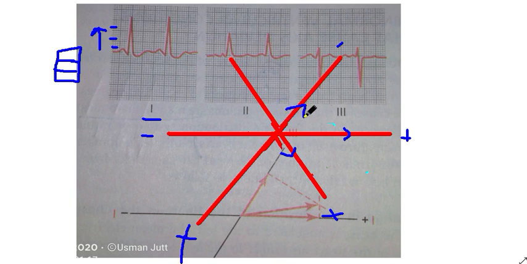Now we are going to draw the projections of these. We will draw the verticals on these arrowheads: one vertical here, one vertical here, and one vertical here. The meeting point of all the verticals from the arrowheads will give us the resultant QRS vector, and it will be in this direction.